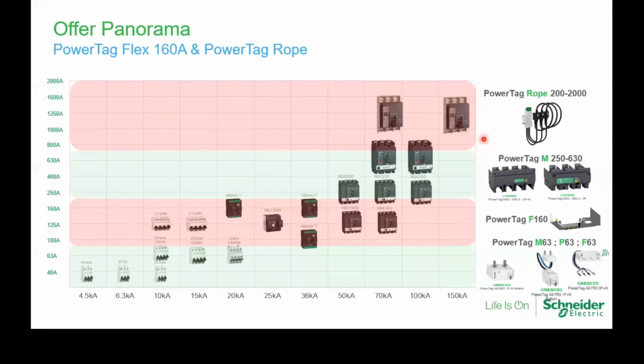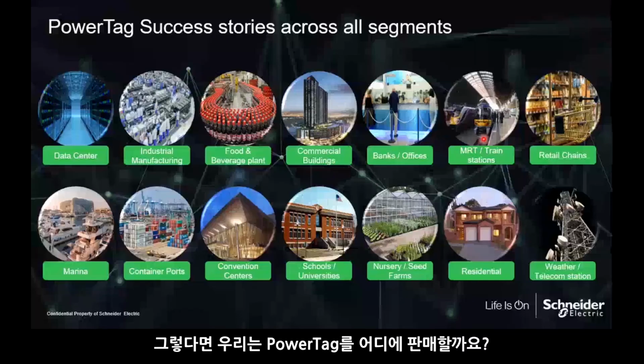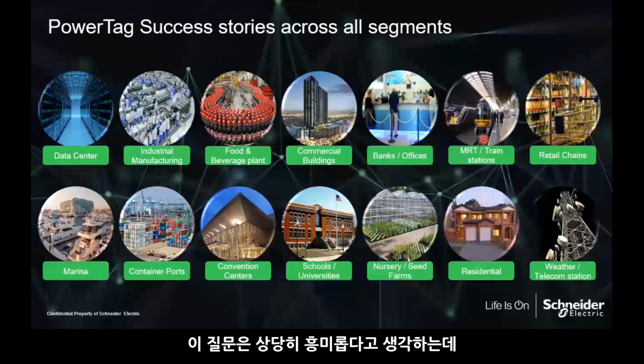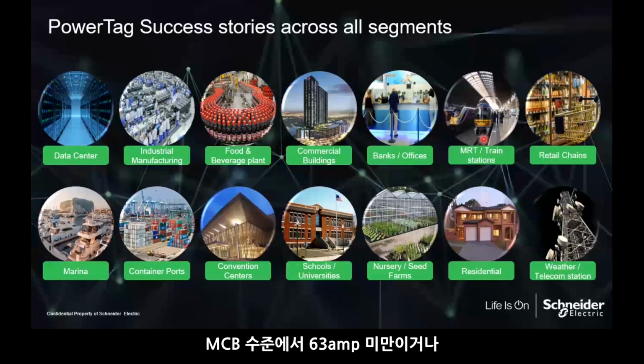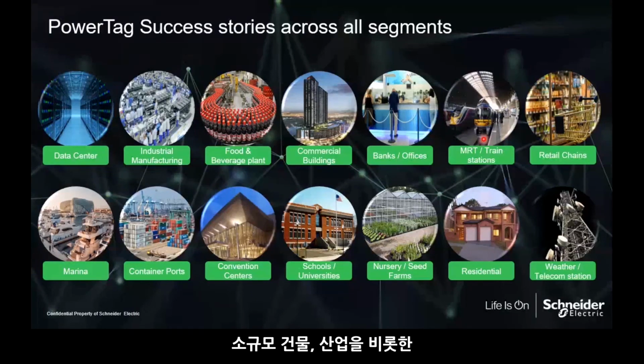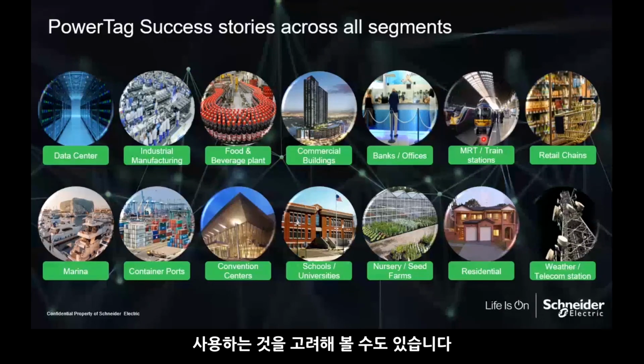So where do we sell our PowerTag? I think this is very interesting, because we basically sell PowerTag everywhere: buildings, industry, anywhere that people want to monitor their loads. For loads less than 63 amps at the MCB level, or sometimes at the sub-switchboard level, you can consider using PowerTag as a solution.